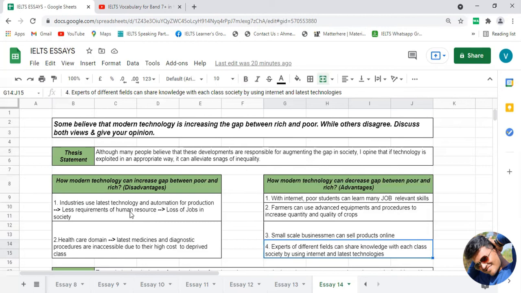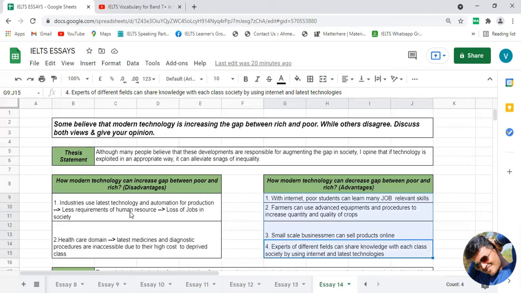And just because of this sharing of knowledge, people of each segment of society can learn so many things, and that learning can be utilized to earn money, to change their lifestyle, and in that way the gap between rich and poor can be decreased. And just because of that reason, you can also include this point in your body paragraph number 2.